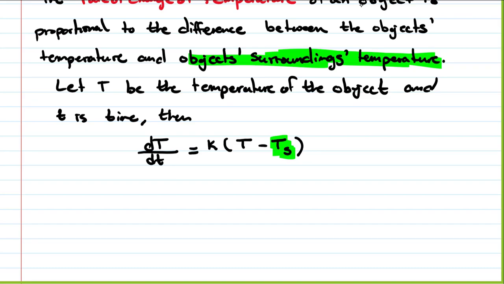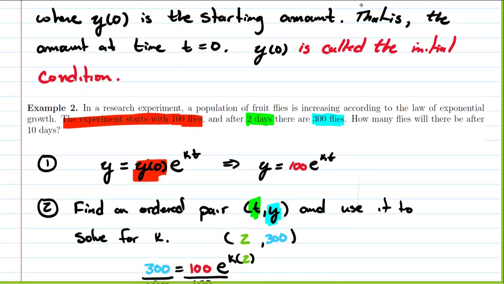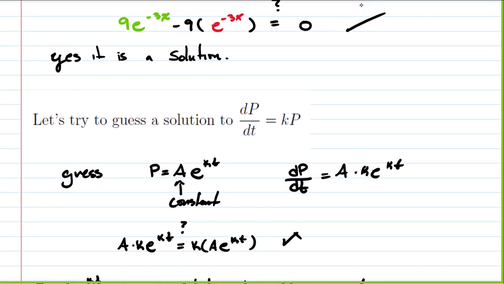So this one doesn't quite fit the form that we did at the very beginning, right? We guessed a solution to this differential equation, dP/dt equals kP. Well, we have dT/dt equals k times (T minus T sub S). So it's got an extra little bit to it. It's got the same part, but a little bit more, right?